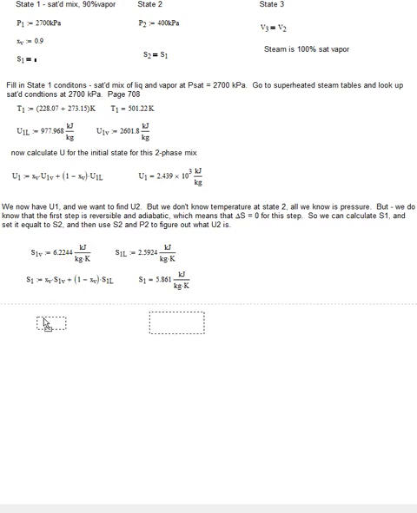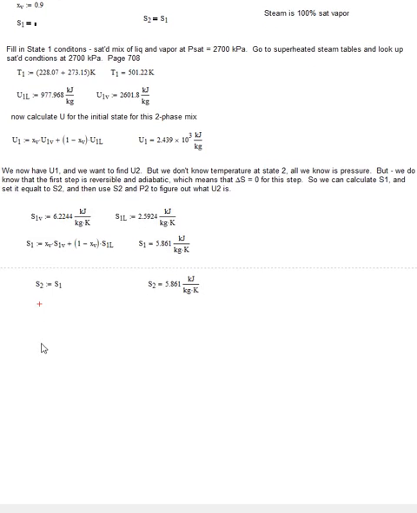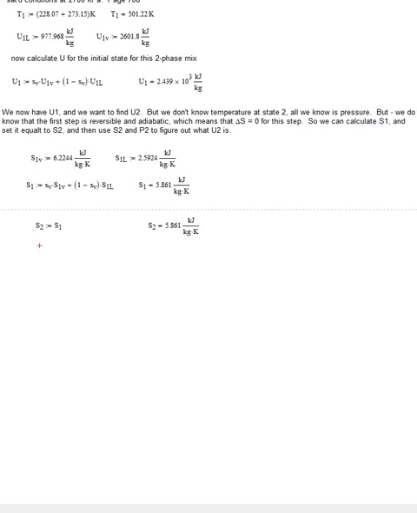We then set that equal to S2, so now S2 is the same. Now we have enough information to figure out where we're at with state 2, because we know the entropy and we know the pressure.